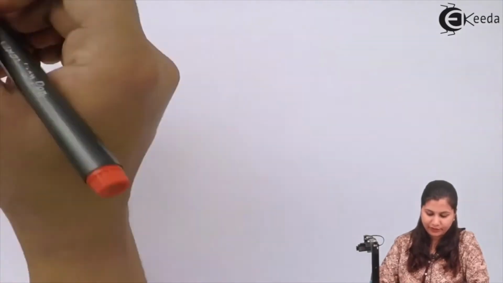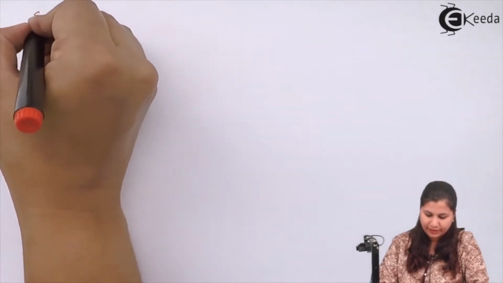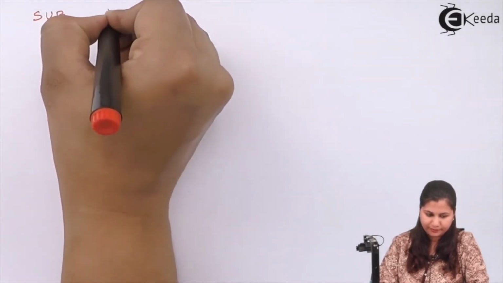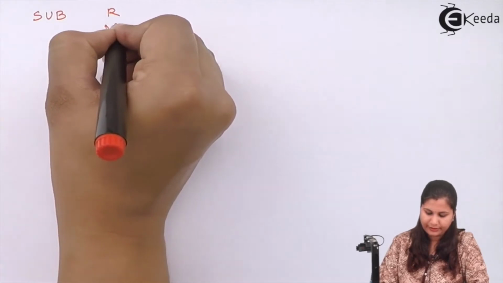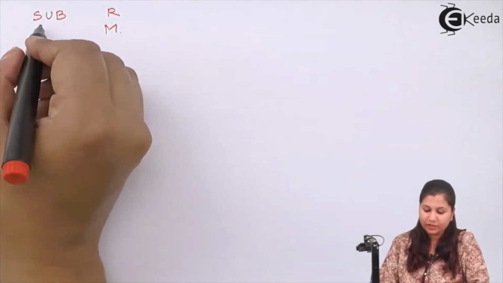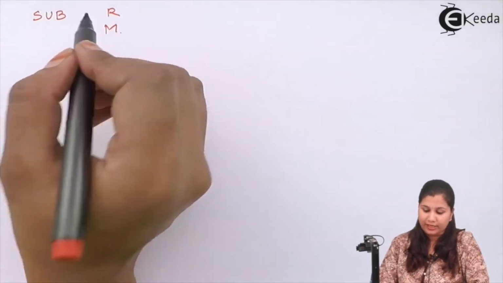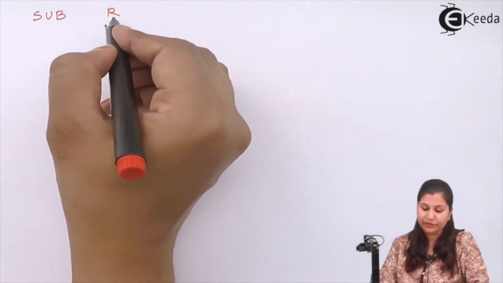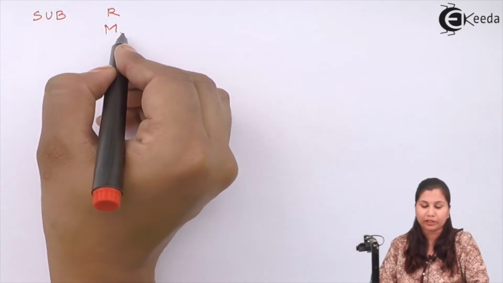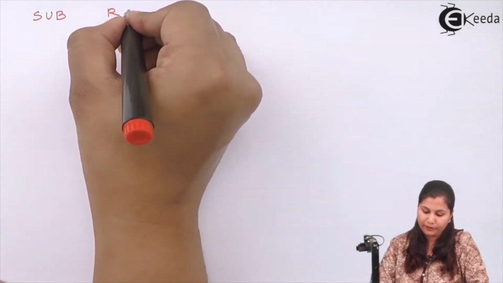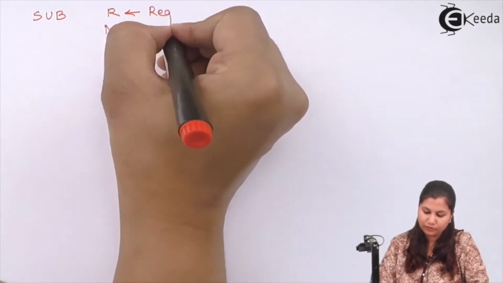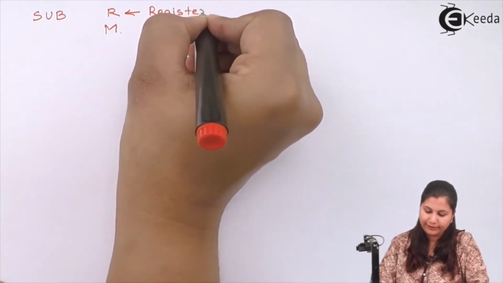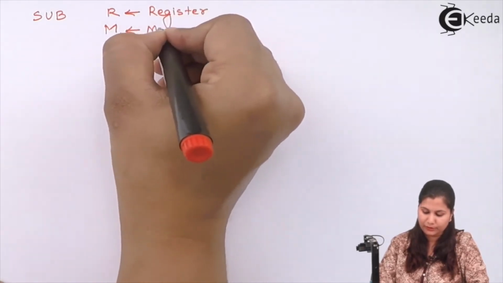Next instruction we have is SUB R and M. This instruction is for subtraction. It subtracts the contents of the register or the memory from the accumulator. So here we can have the operand as a register and as a memory location also.